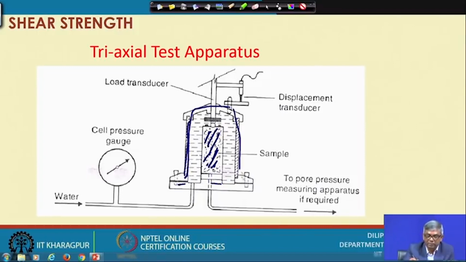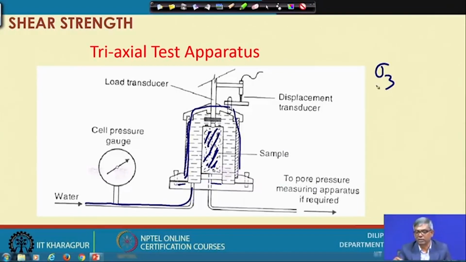After covering it with this cell we can push water inside and fill it, and we can apply a definite amount of pressure. Suppose I want to conduct with a cell pressure of sigma 3, that is the all round pressure, sigma 3.